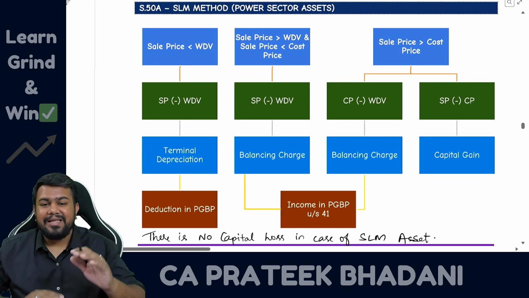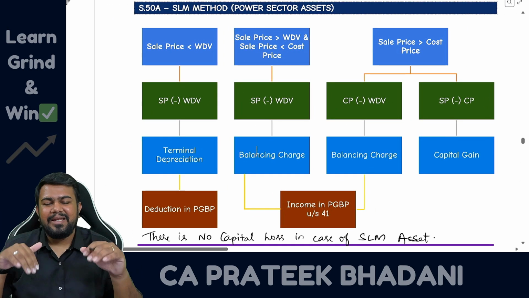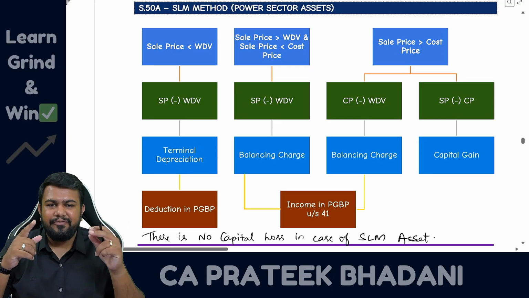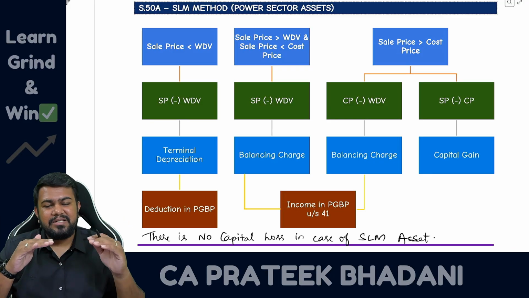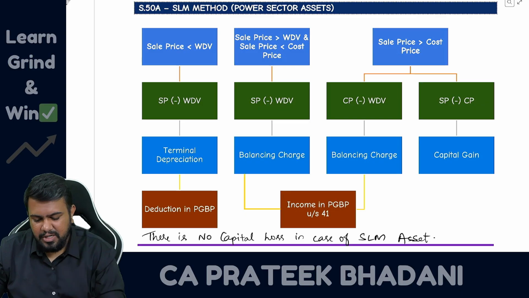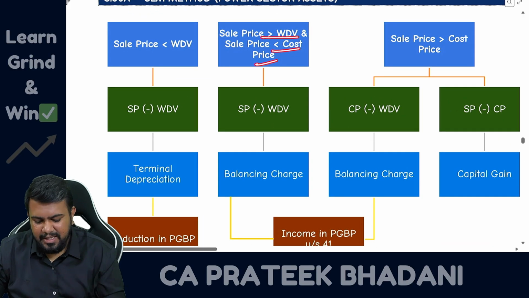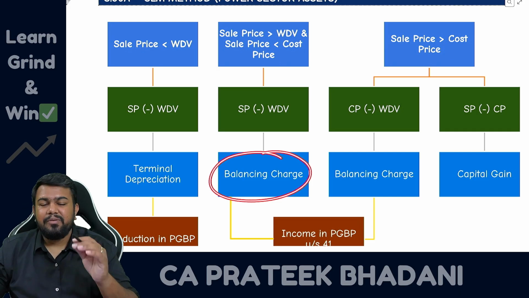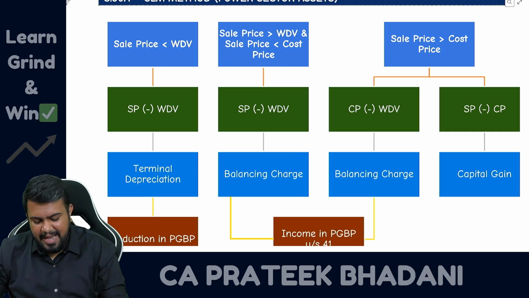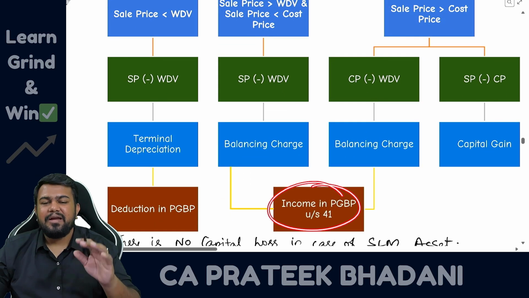Sir, what if the selling price is more than WDV? If the selling price is more than WDV, then you have to see whether the selling price is still more than cost or less than cost. So if the selling price is more than WDV but below the cost price, then whatever difference is there will be treated as balancing charge, and it is an income under the PGBP head of income.